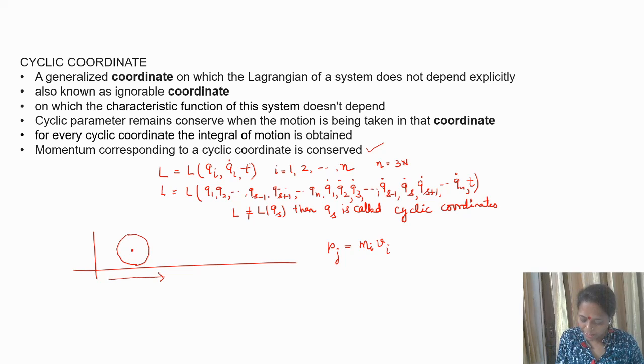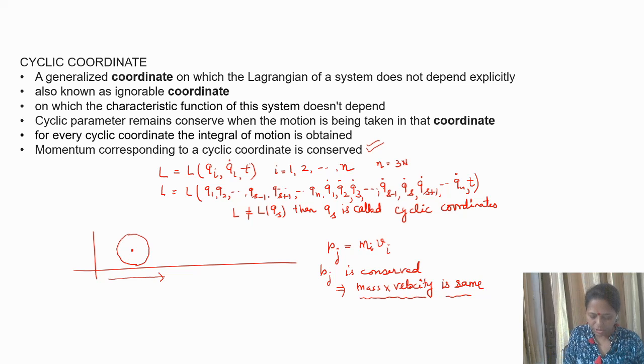So I take that Pj is conserved. I'm assuming that this is true. This implies that mass into velocity is the same, it is conserved. So it simply means that if this body is moving, it is moving with constant velocity.